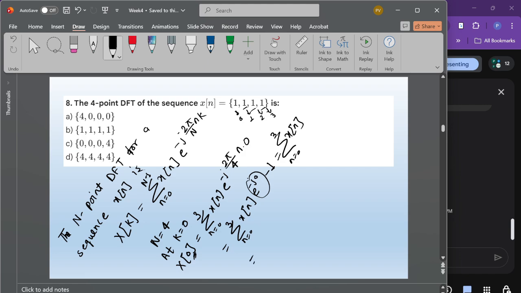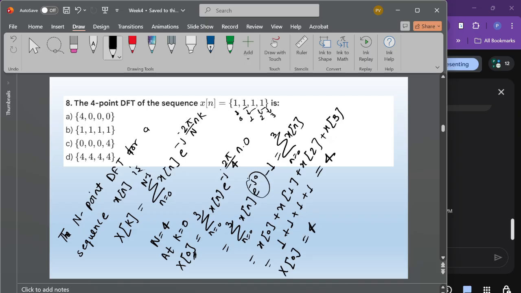Now if we put n from 0 to 3: x of 0 plus x of 1 plus x of 2 plus x of 3. Simple addition of all the x of n values. All are 1, so 1 plus 1 plus 1 plus 1 is equal to 4. So X of 0 that we have got is 4.